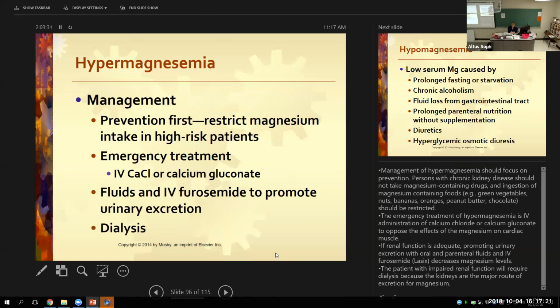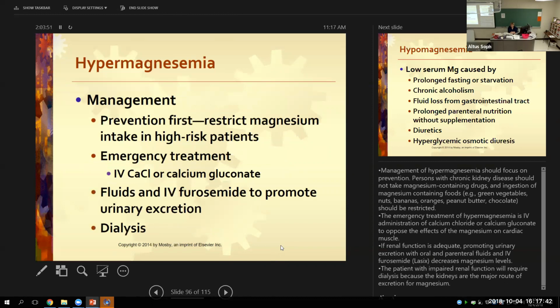As far as hypermagnesemia is concerned, prevention is first. Restrict magnesium intake in high-risk patients. If you need to give emergency treatment for high magnesium levels, you're going to give IV calcium chloride or IV calcium gluconate.